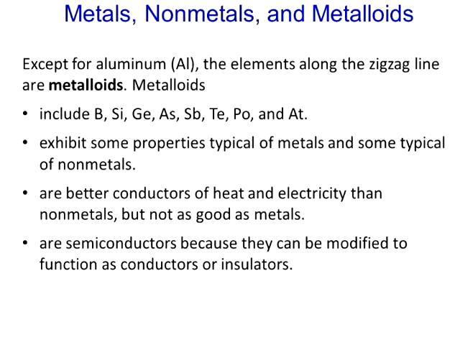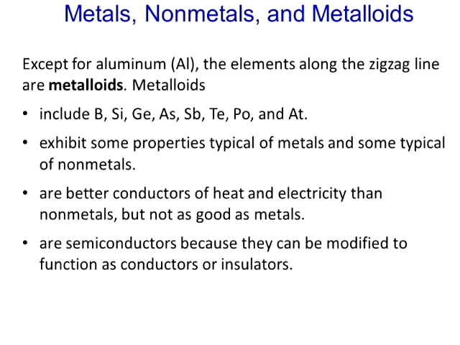Except for aluminum, the elements along the zigzag line are metalloids along the periodic staircase. These include the ones shown here, and we've talked about some of them already. Each of these metalloids has a unique application in the electronic industry, again with silicon being more so than any of the others.